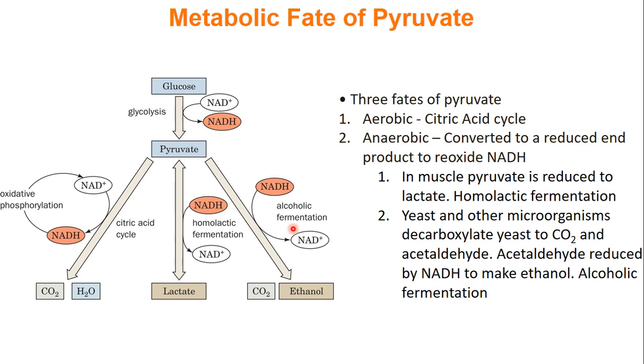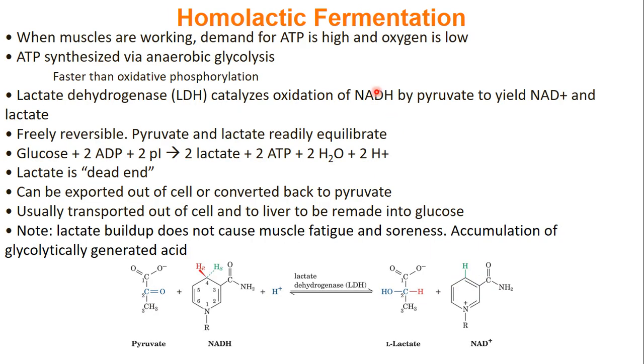This is called alcohol fermentation. Same idea, where you take your NADH, make NAD+, so it can go back to glycolysis. But here you're making carbon dioxide and ethanol. Ethanol, we all know, is used in alcohol, and CO2 is important for making bread rise. That's why it rises.